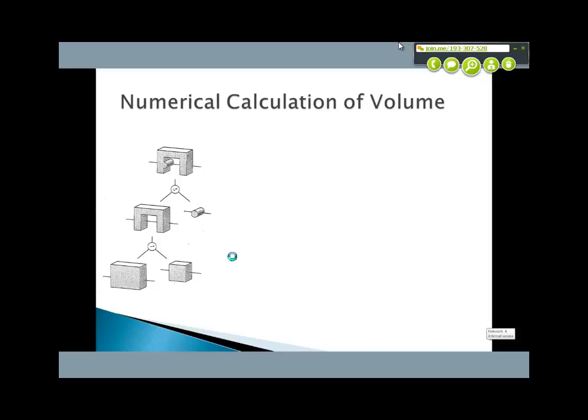And the numerical approach that has been implemented on CAD systems for probably approaching 20 years is using ray tracing to actually calculate volume, to calculate all kinds of properties done in the mesh properties.